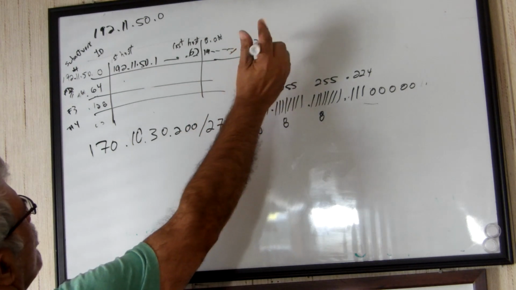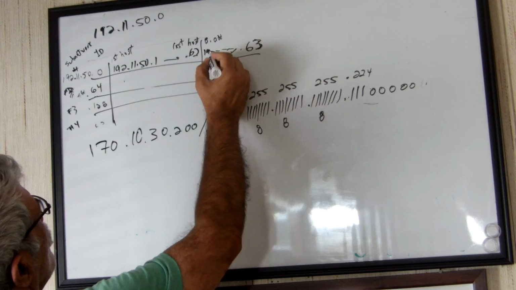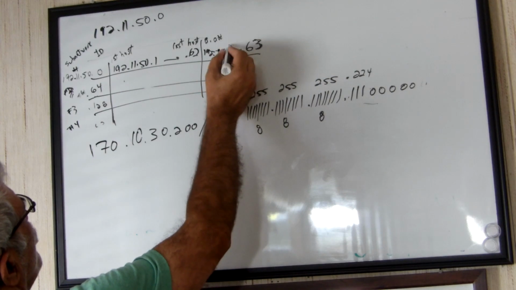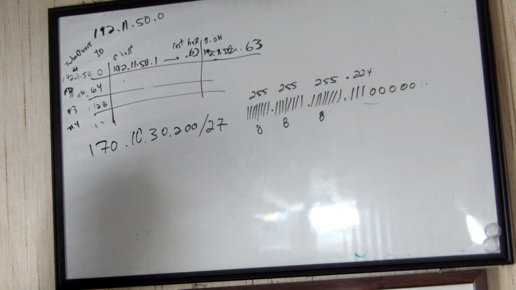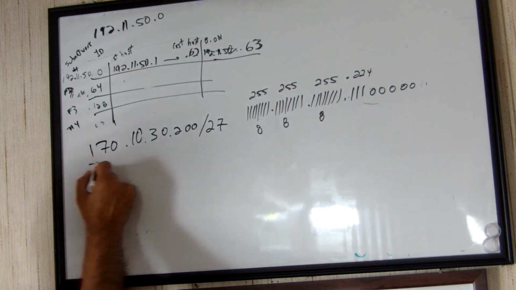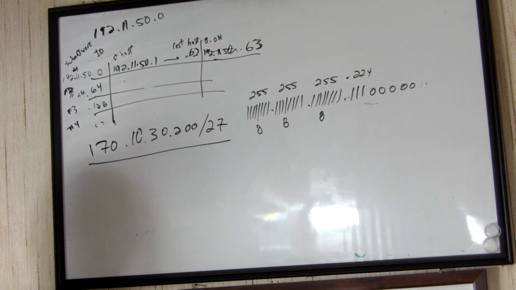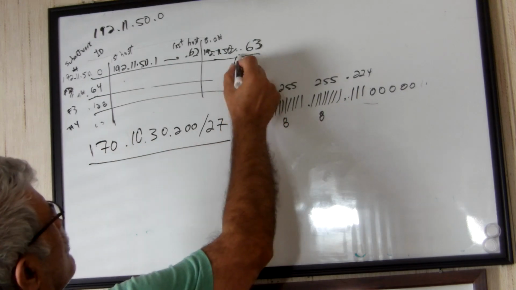So now they give you an IP address, and they want you to find out what the broadcast address is.